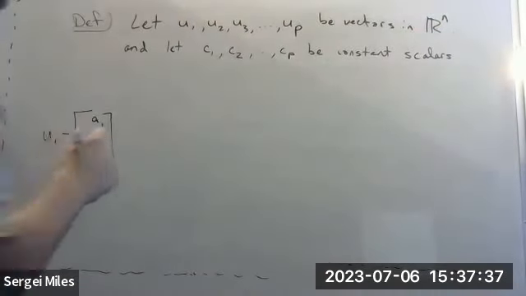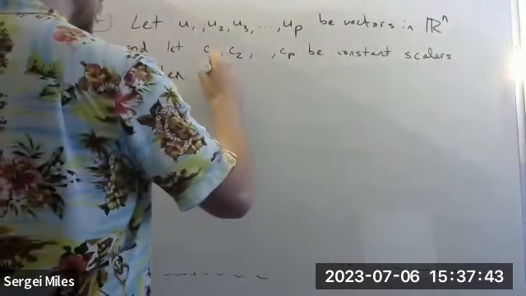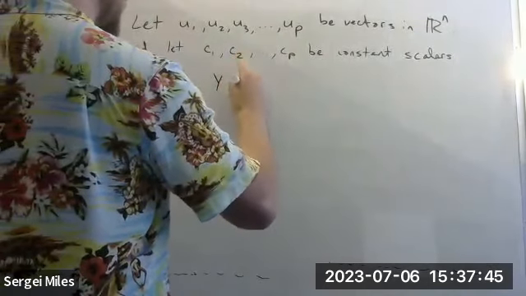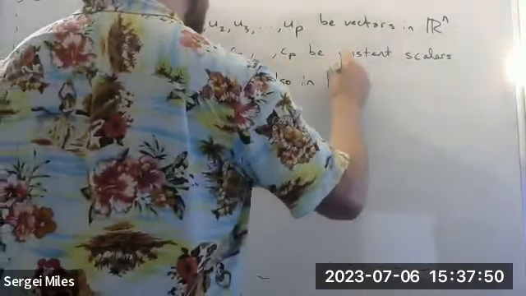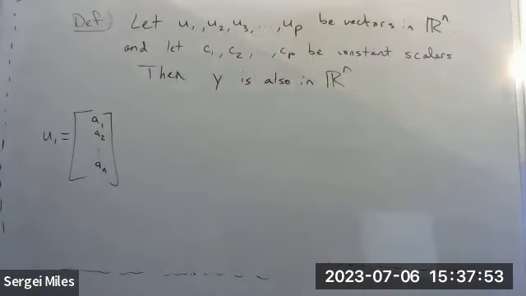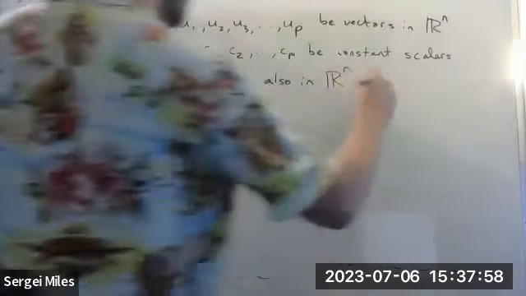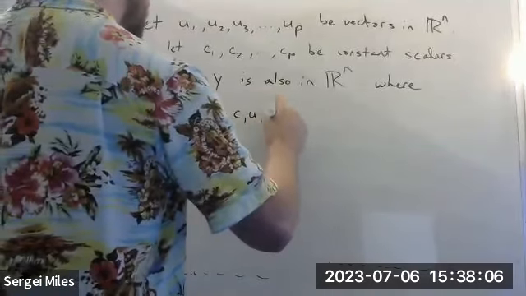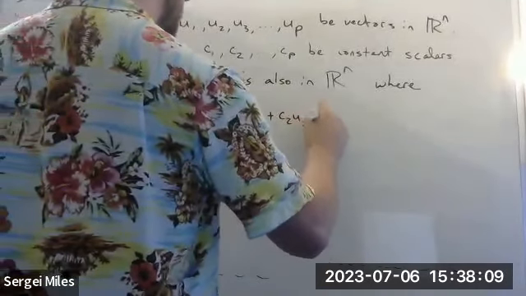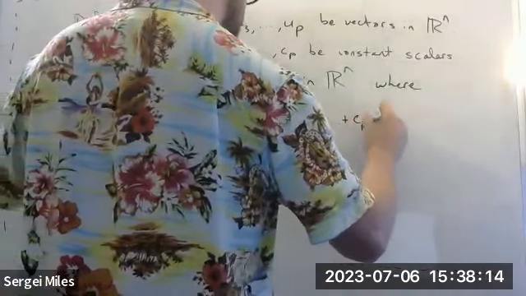Then we're going to say y is also in Rn. y is some new vector in Rn, so it's a vector with n entries, where y equals c1 times u1 plus c2 u2 plus ... cp up.